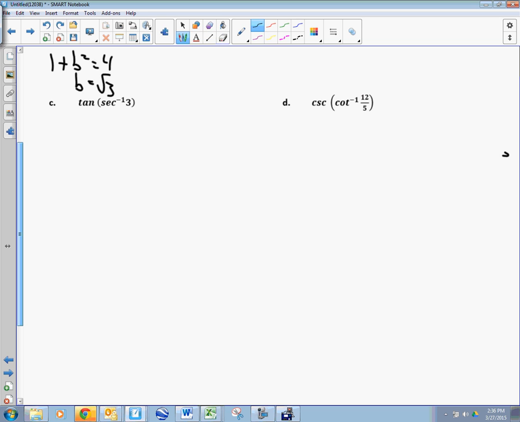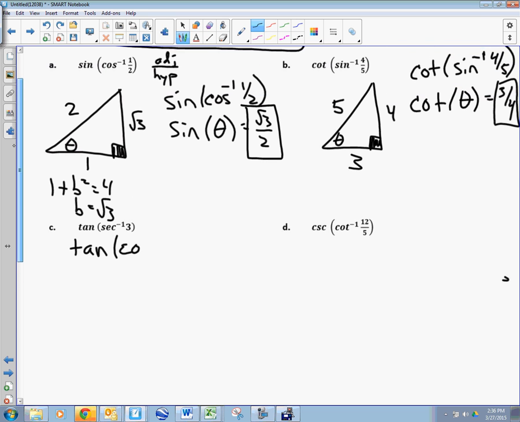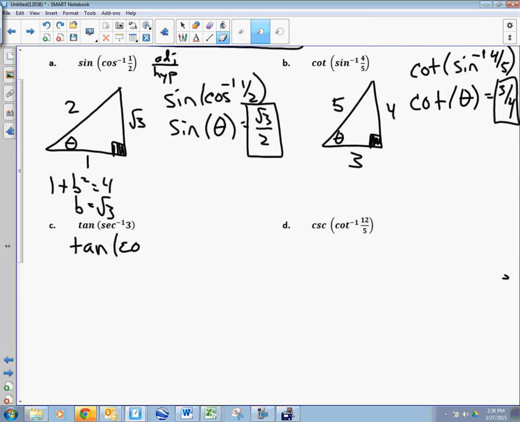Some people don't like secant, so I'll change the problem. I'll do tangent of cosine instead of secant. What should I write if I'm going to do cosine? 1/3.